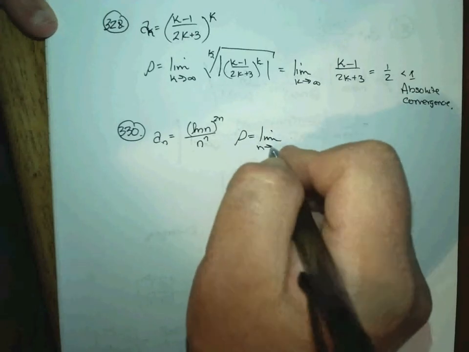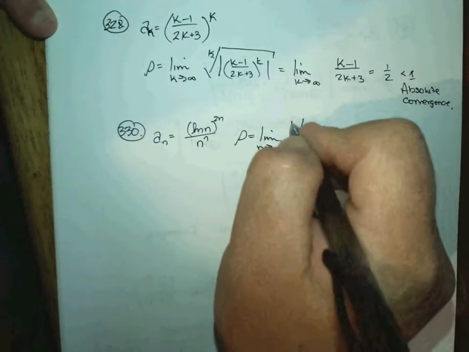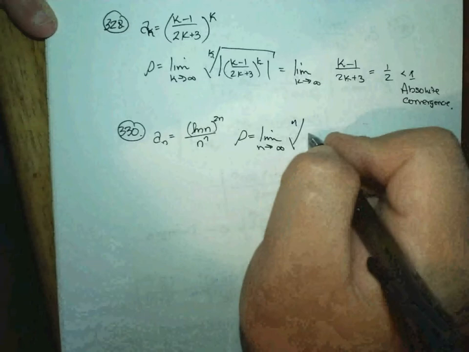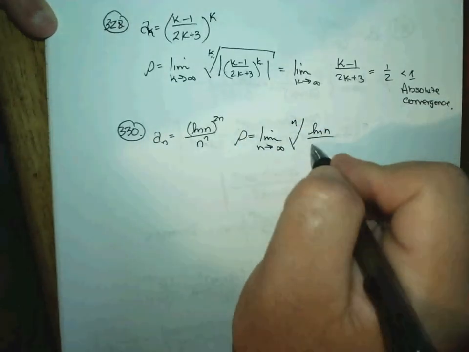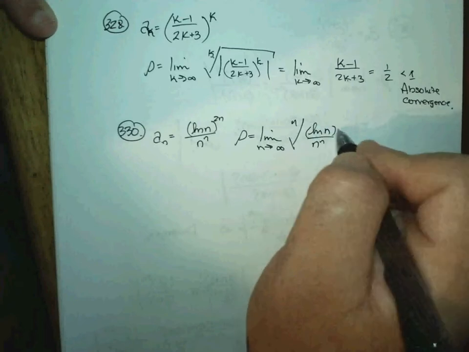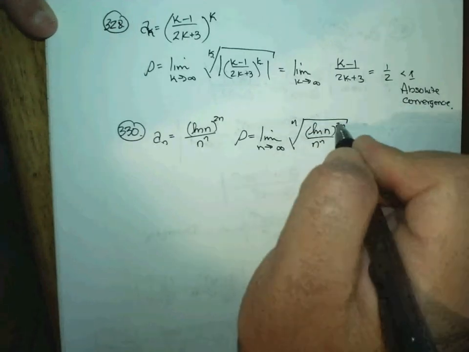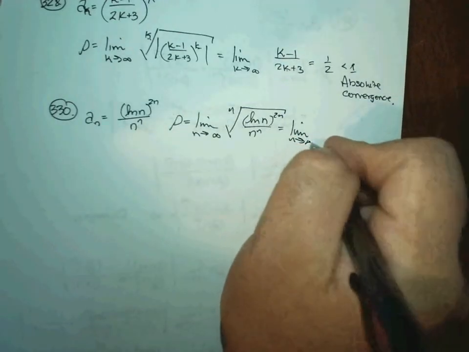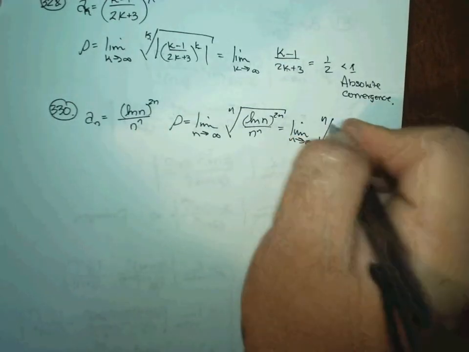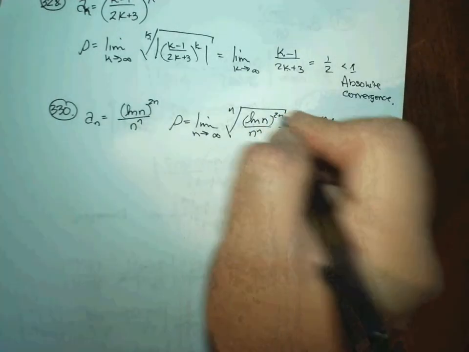So the rho is equal to the limit as n goes to infinity of the nth root of this expression. Now, how do we do that? Well, 2n, think about how you can rewrite that. And you'll get a very simple result here.